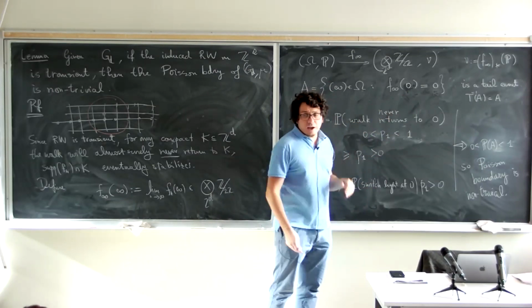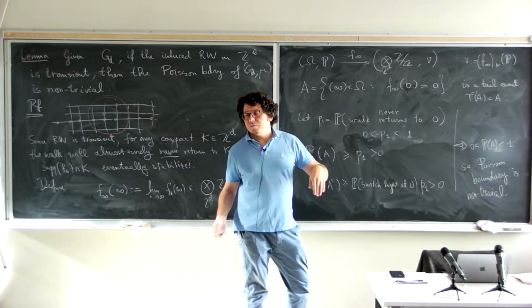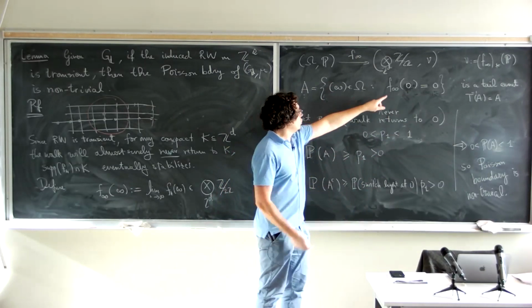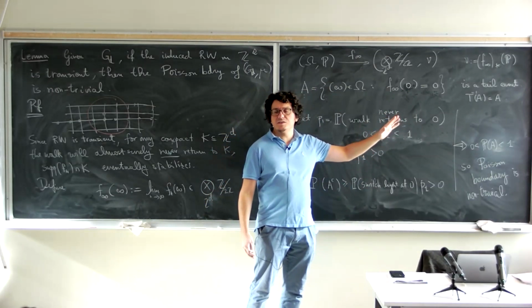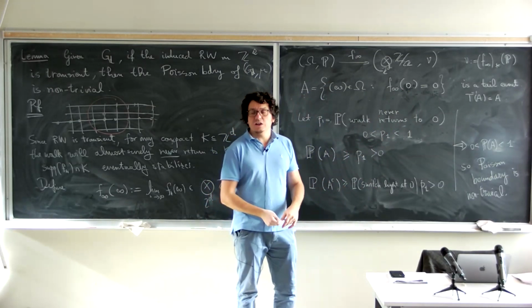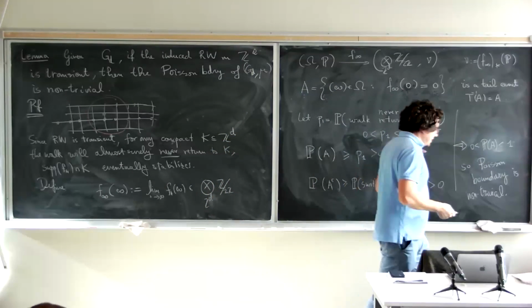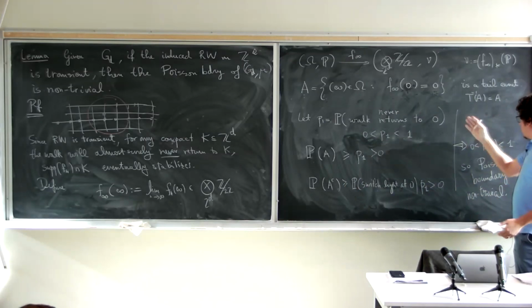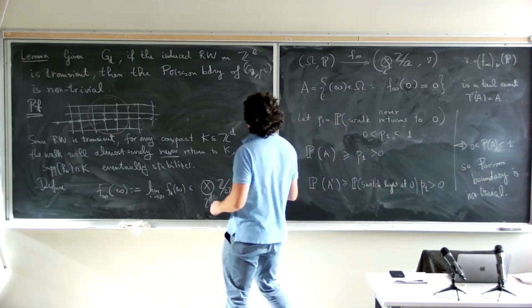Both this event and its complement have positive probability, because you could do nothing now and escape to infinity, or you switch on the light now and then escape to infinity. So both events have some positive probability, and the actual probability has to be something intermediate. So that's it. Now we're done with this part of the lecture.